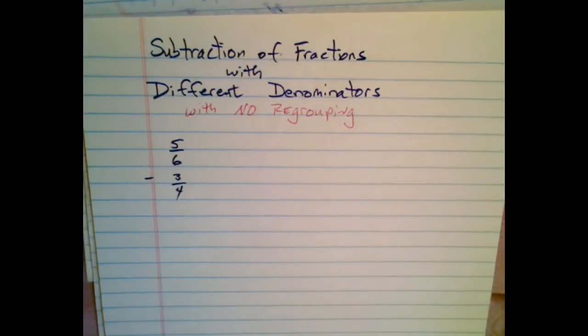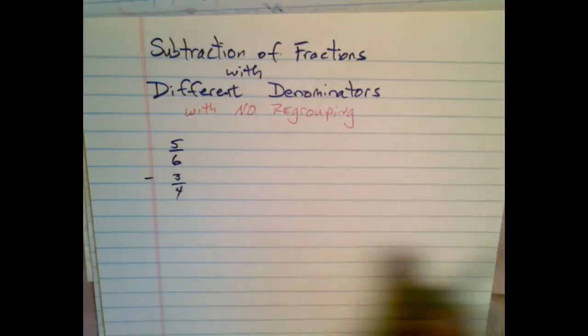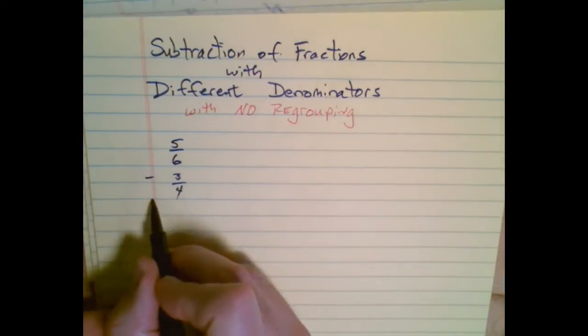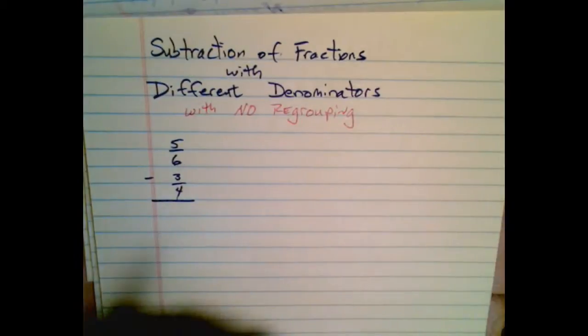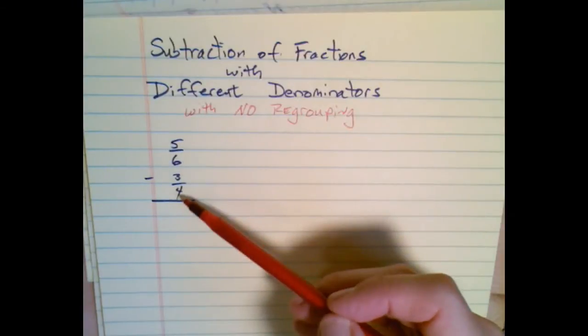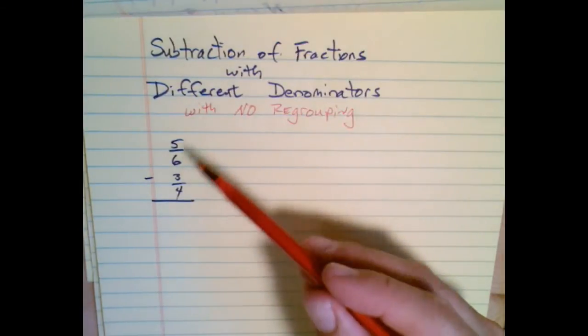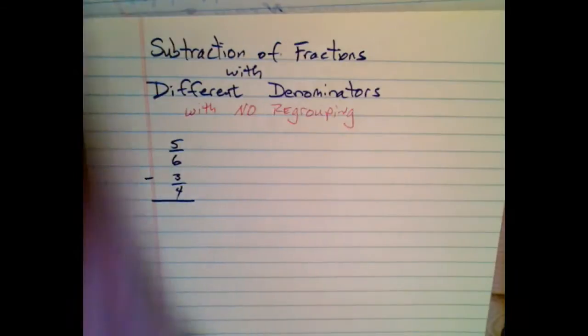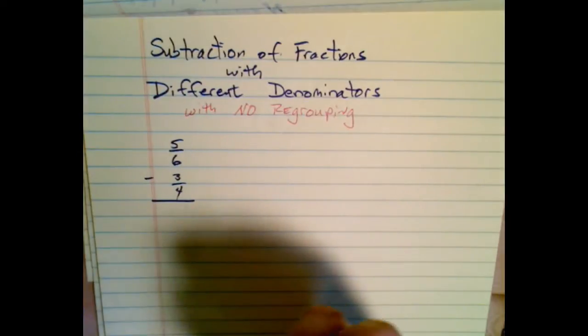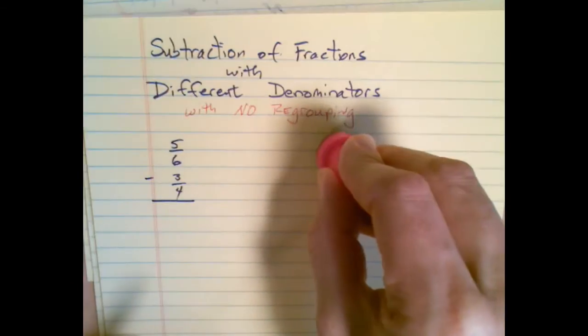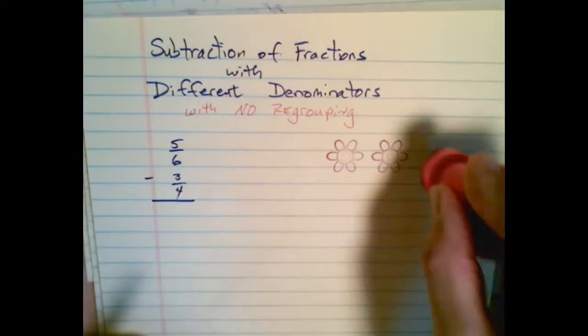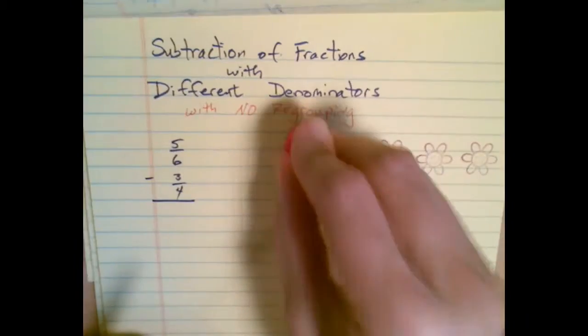Now, one thing we've done all along, in order to be able to add or subtract fractions, we know we must have the same denominator. We can't add, we can't subtract things that are different. That's like trying to say, let's see if I have 5 of these things. 4, 5.